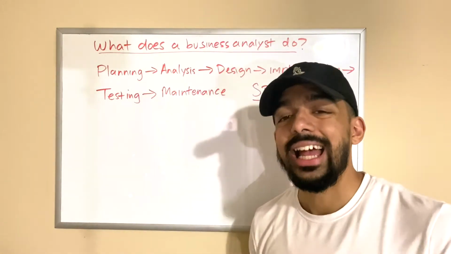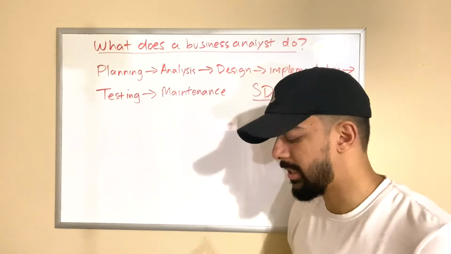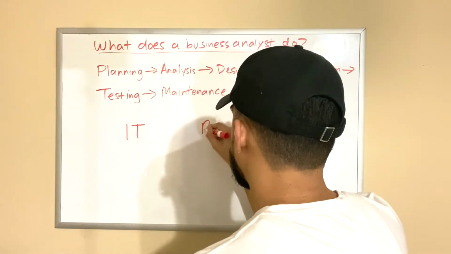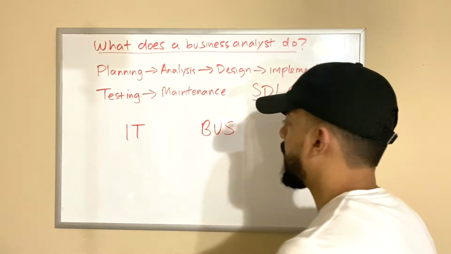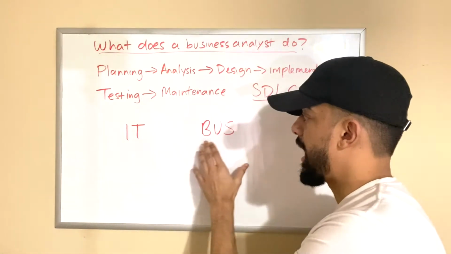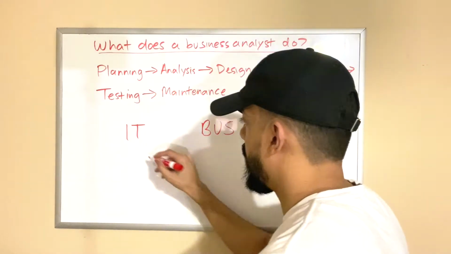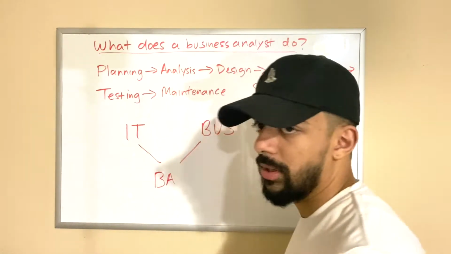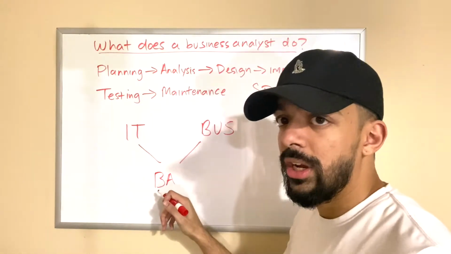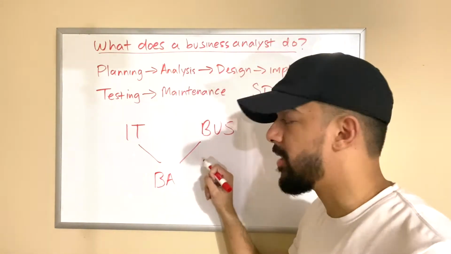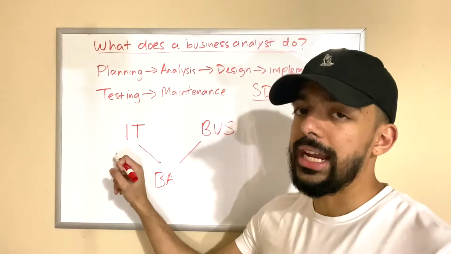But for the most part, getting back to what a BA does, remember, we're going back to our basic relationship here between a company's IT department and the business stakeholders, with the BA being the liaison between them. The BA translates the business requirements to the IT folks.